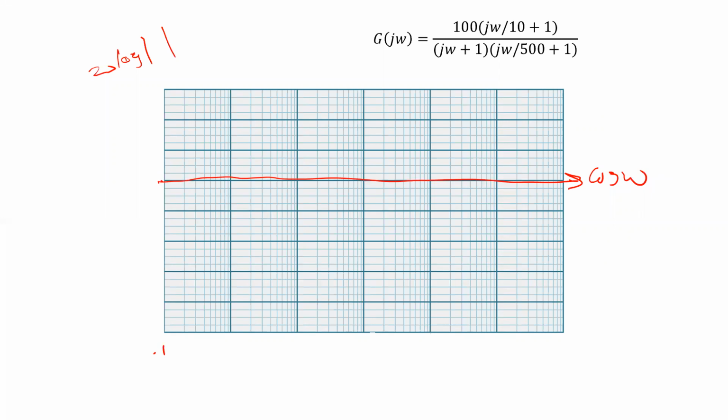So let me take, first of all, the constant, which is 100. So what's 20 log 100? Log 100 is equal to 2, and 2 multiplied by 20 is 40. So this is 40. This is for the constant.